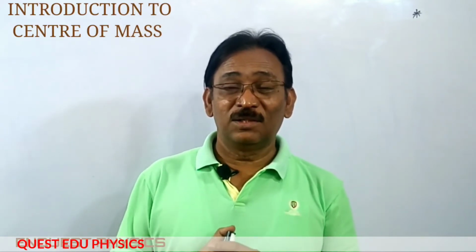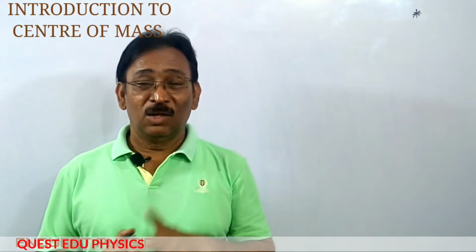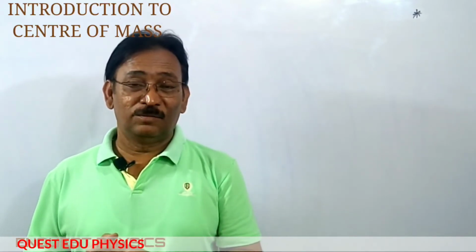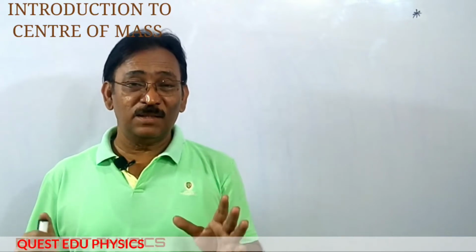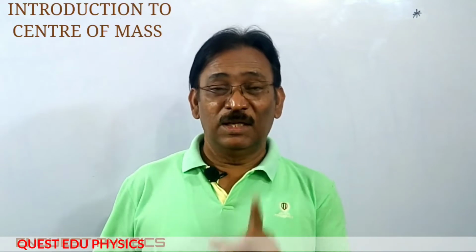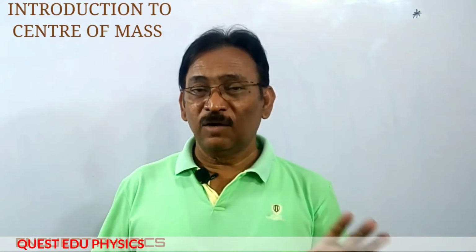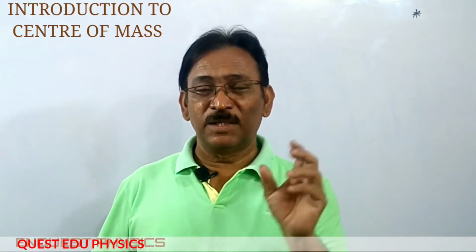For all these structures, the center of mass coincides with the center of gravity. Center of mass is the point where the entire mass of the body is supposed to be concentrated. Supposed to be: it means there is no need for the center of mass to be present in the mass.